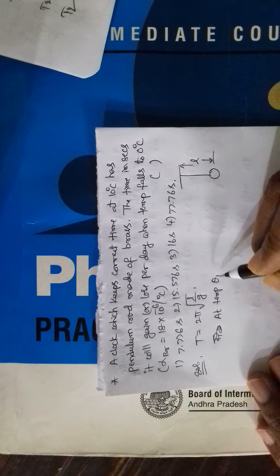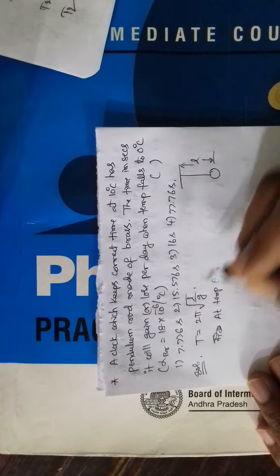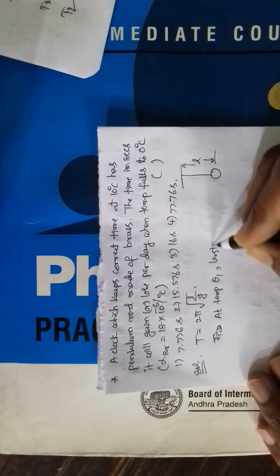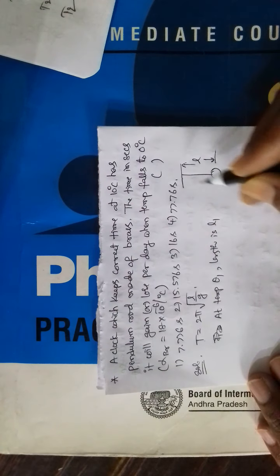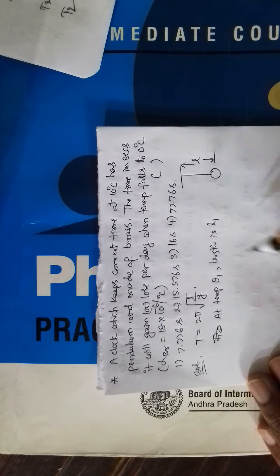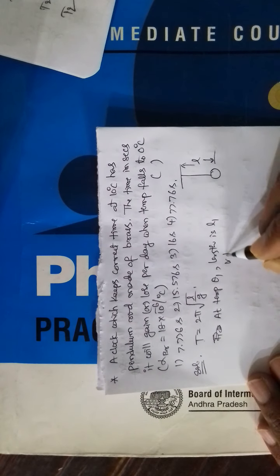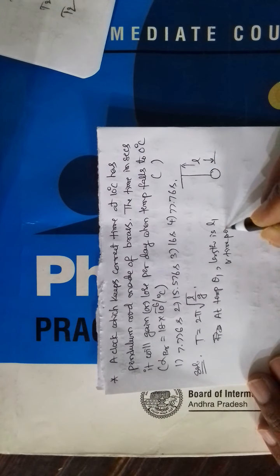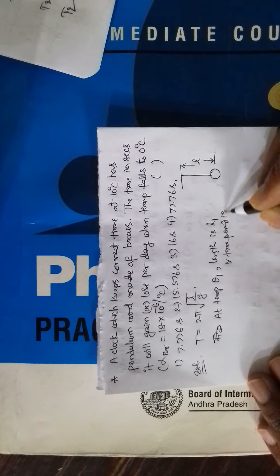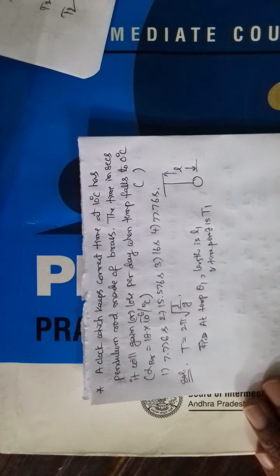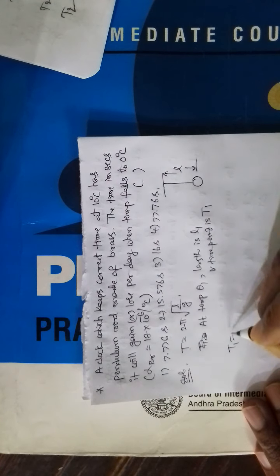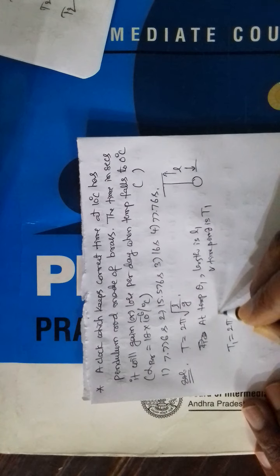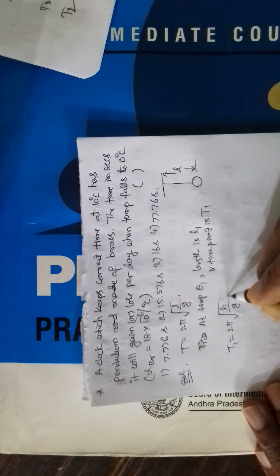At temperature theta 1, the length of the simple pendulum is L1 and the time period is T1. So this equation can be written as T1 is equal to 2 pi root L1 by G.